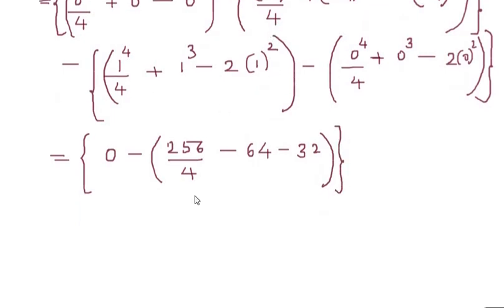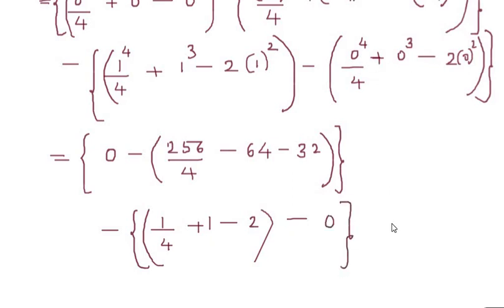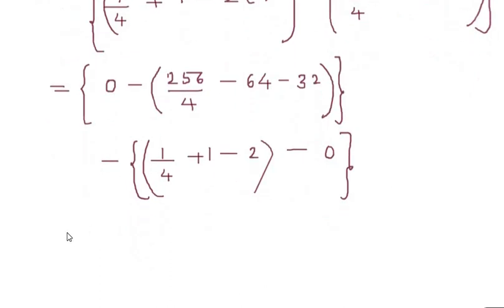Now coming to the next one, here we have minus, let us see what we get here, 1 over 4 plus 1 minus 2, this is for the first bracket, minus all the terms in the second bracket are 0, so we get 0. So we are going to start solving this first bracket and see what we get.